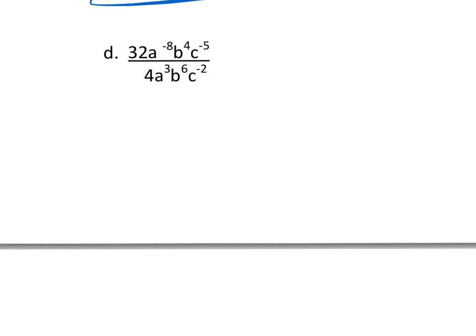Our last one, again, let's look at what's negative. We have a negative 8, a negative 5 power, and a negative 2 power. So let's clean that up first. We have 32. We have b to the fourth, because that stays there. I'm going to have to bring up the c to the negative 2, so it becomes c to the positive 2. On the bottom we have a 4.